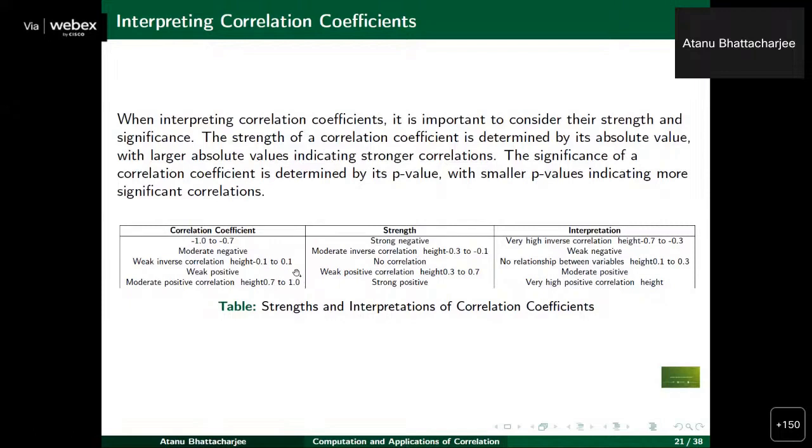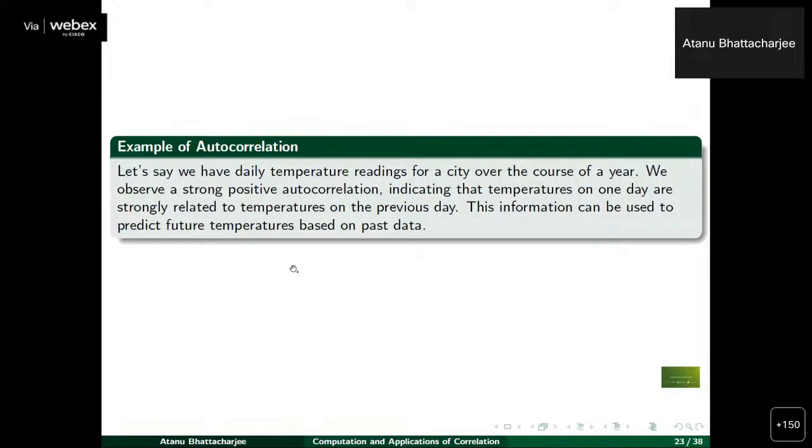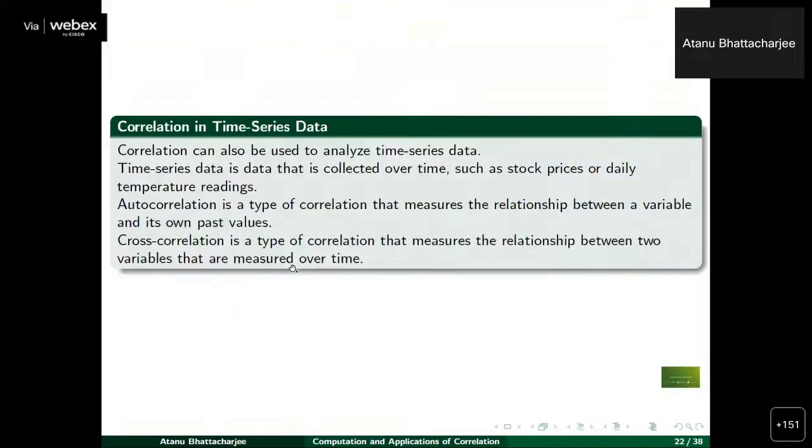Correlation can also be used to analyze time series data, that is, data collected over time, such as stock prices or daily temperature readings. Autocorrelation is a type of correlation that measures the relationship between a variable and its own past values.